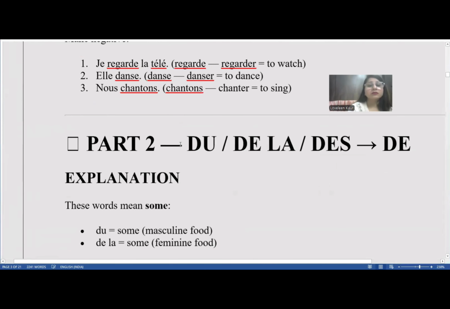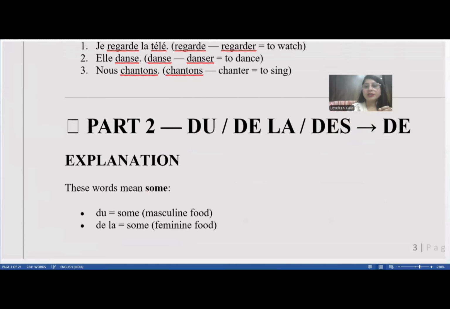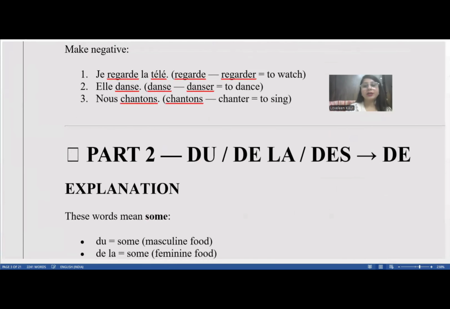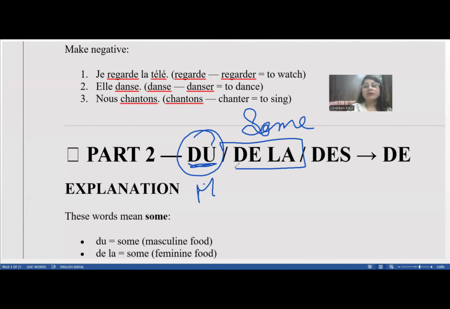Now, let's see what happens. Sometimes in a positive sentence, they have given the quantity, meaning a partitive article is given, which shows the non-specific quantity of something. For example, they have given du, which we use to say some, and this we use with masculine things. If de la is given, we use it with feminine things.